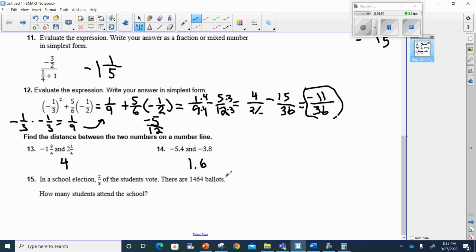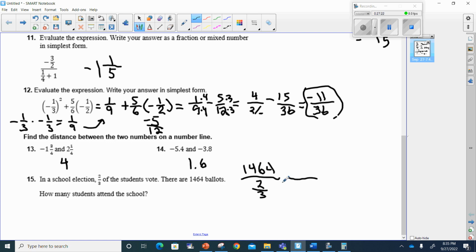I remember that 2/3 of the students vote, and there is 1,464. So I would put 1,464 on top of my fraction, and I would put 2/3 on the bottom, because 2/3 of my students voted.